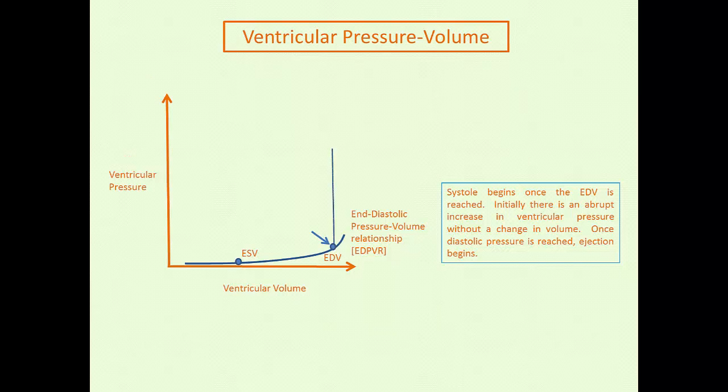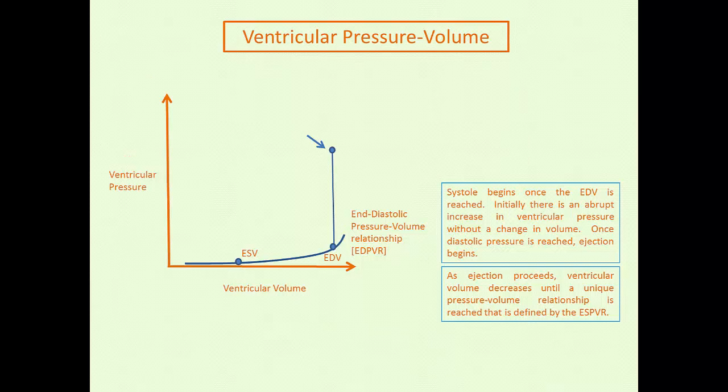There's an abrupt increase in intraventricular pressure without a change in volume. This is isovolumic contraction. And then once the diastolic pressure is reached in the aorta, the aortic valve opens and ejection proceeds. And ejection follows this curve.